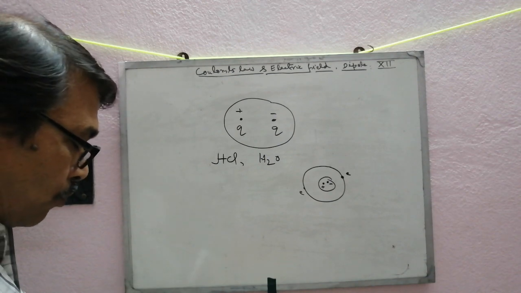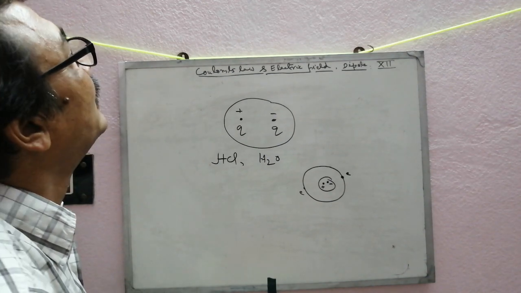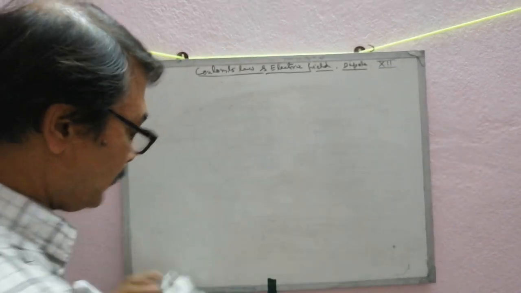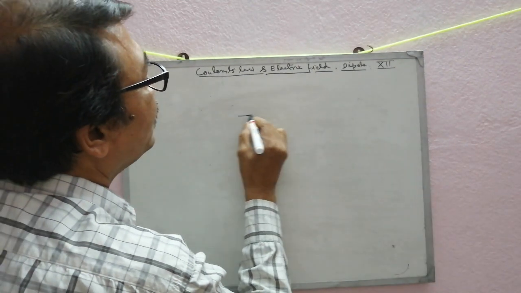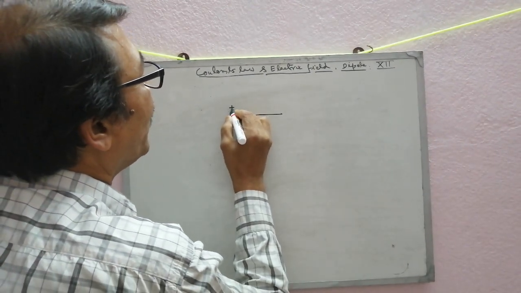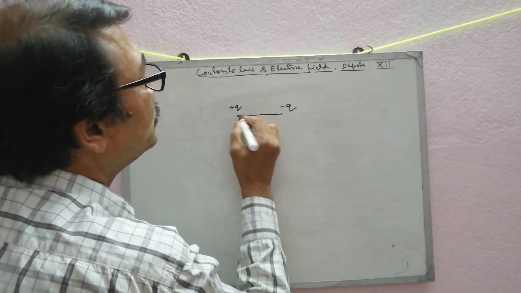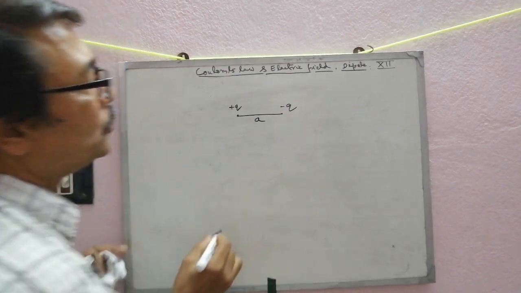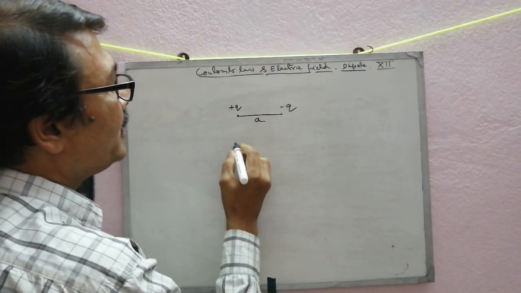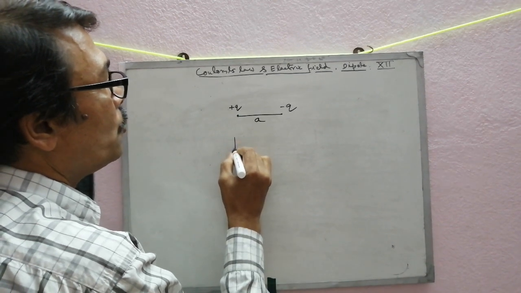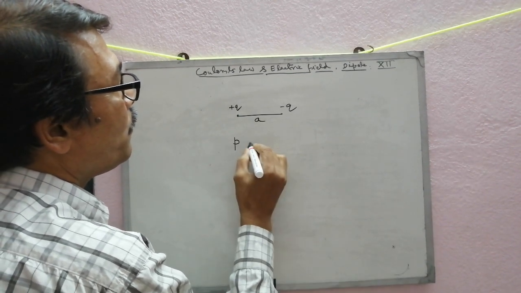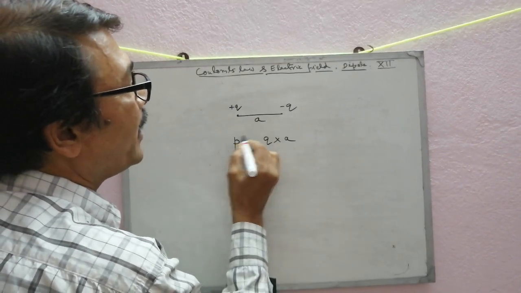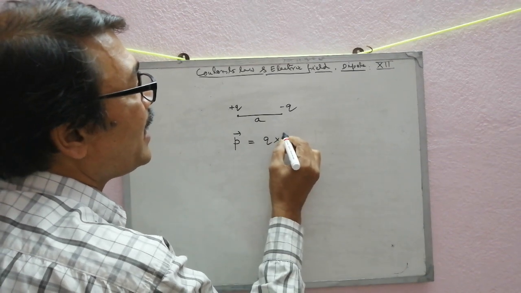Now we find out the electric field due to the electric dipole. Before that, consider plus Q, minus Q, at distance A. The electric dipole moment we express as P equals Q into A. P is a vector quantity, A is a vector quantity.